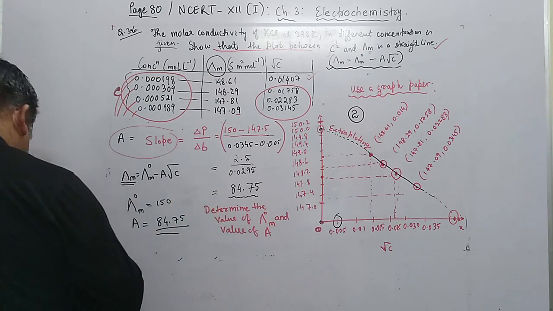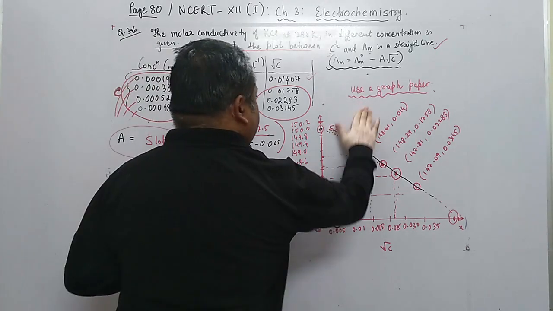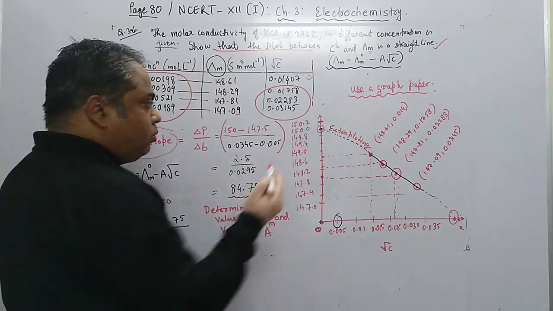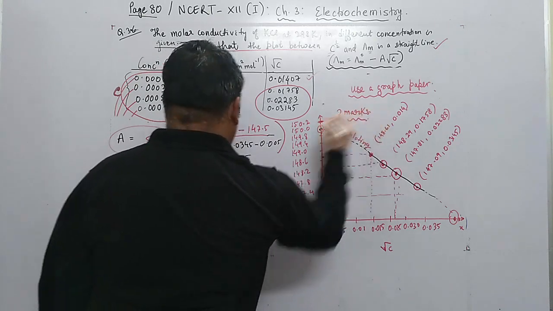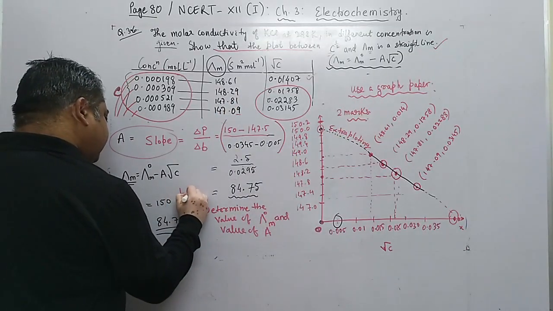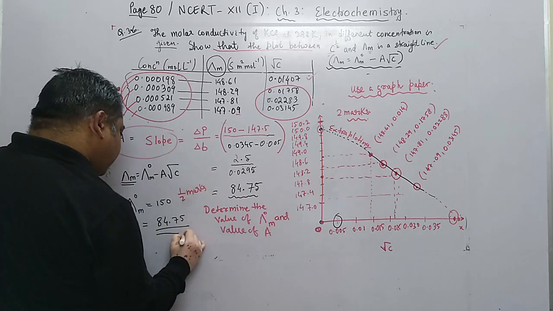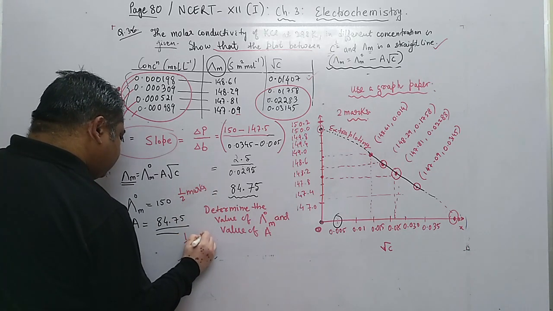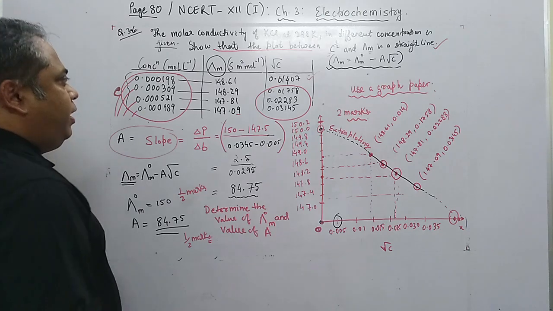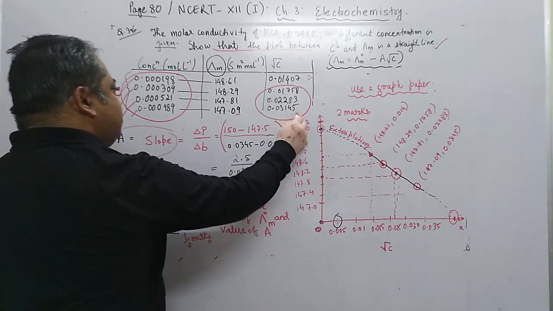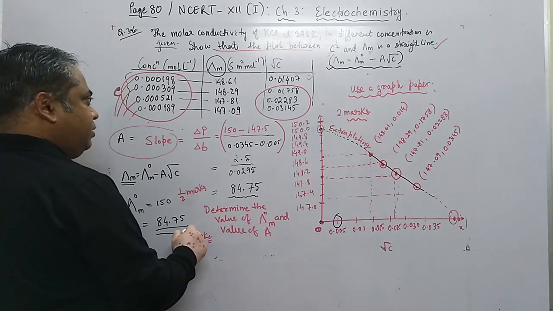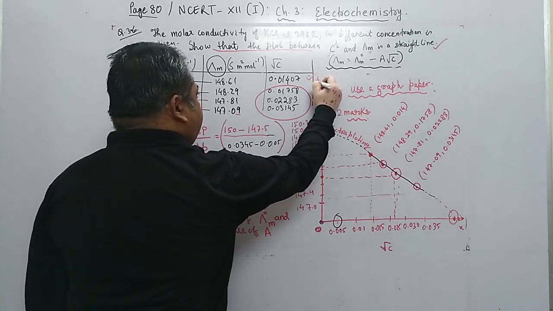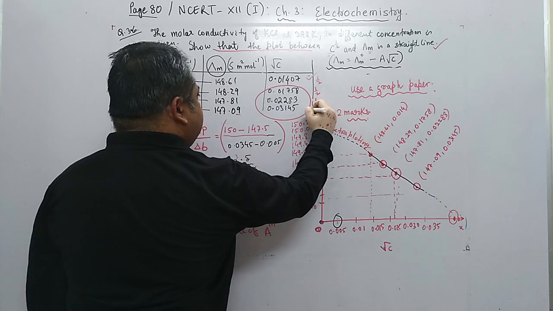What I will do is I will use red pen for this. So you will get 2 marks for proper drawing of the graph, half marks for this value, half marks for this value, and for getting these values you will get half marks each. So it comes out to be 2, 3, and half marks for this, half marks for this, half marks for this, and half marks for this.